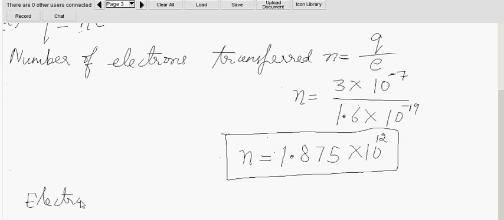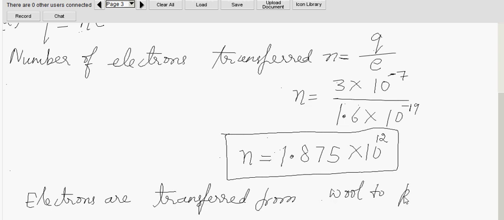We know the number of electrons transferred, 1.875 into 10 to the power 12 electrons. The total mass is equal to the mass of an electron times the number of electrons.